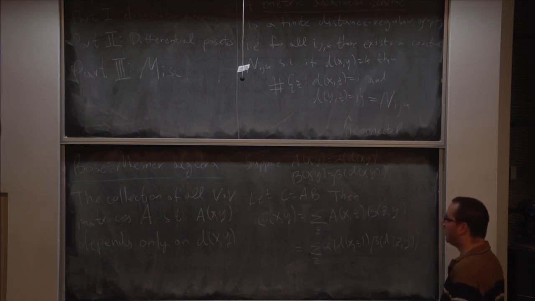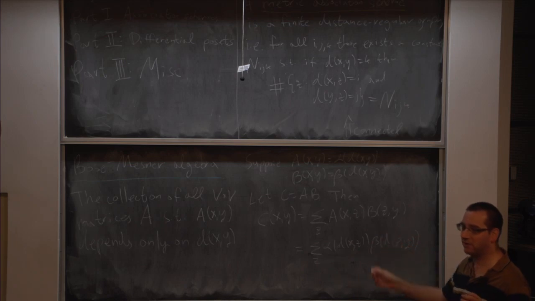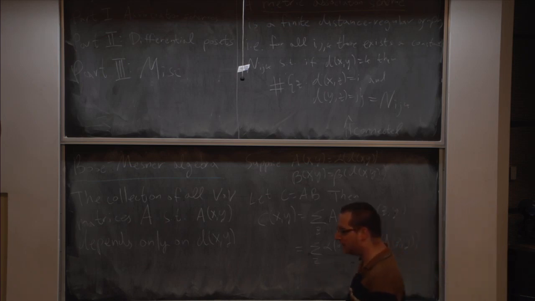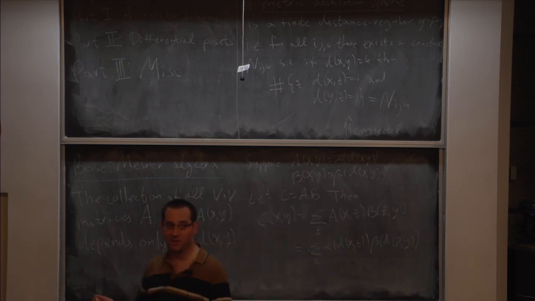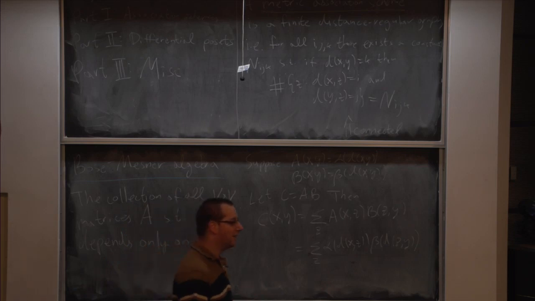Okay, so the Bose-Mesner algebra is an algebra of matrices. It's closed under multiplication, and it's also commutative. You can see this also from here, because the distance is commutative, basically. So what do we know about commutative algebras of matrices? They have common eigenspaces.